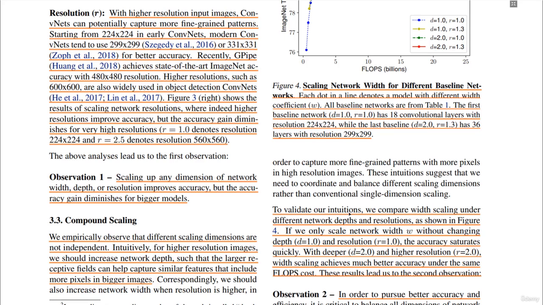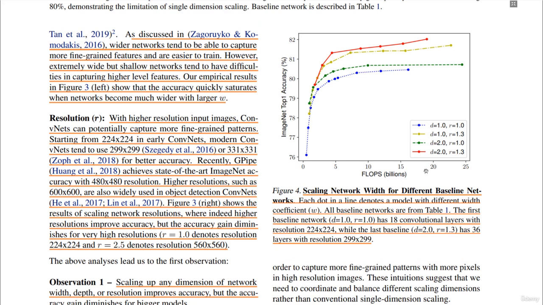Then to validate these intuitions, we compare width scaling under different network depths and resolution as shown in figure 4. So this figure and this figure. So when we fix the values for the depth and the resolution and then keep on increasing the width, we see how we obtain these 3 different curves, which show clearly how modifying the width while considering different depths and resolutions can actually help in increasing the accuracy or in dropping this accuracy.